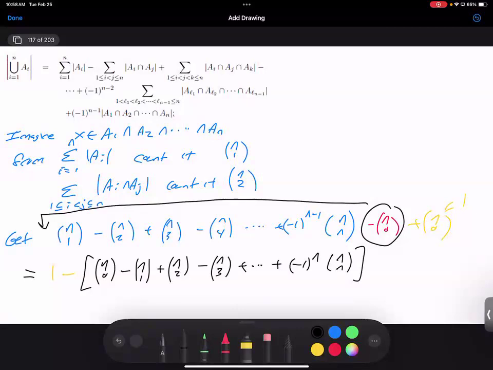And I can view that as 1 minus (1 minus 1)^n.